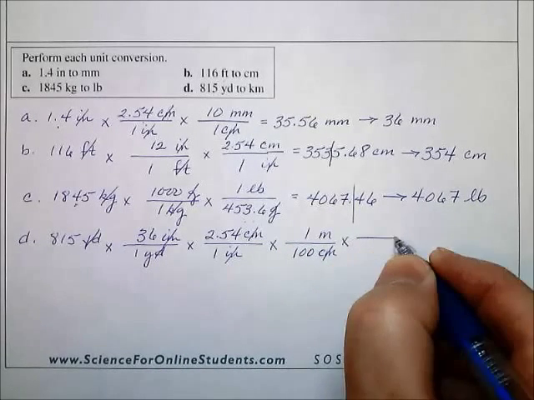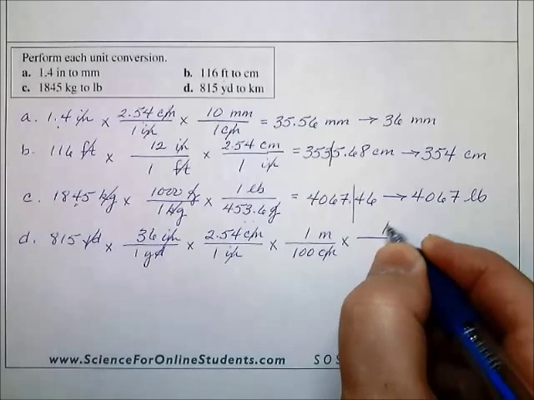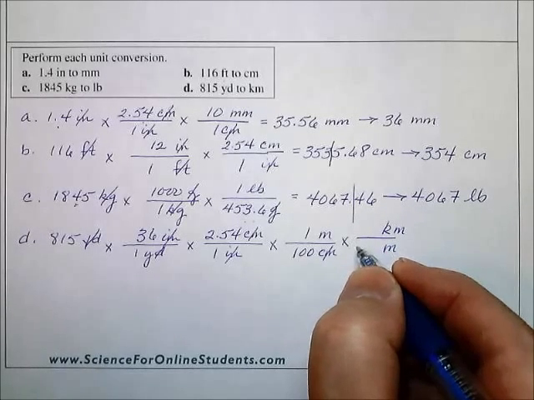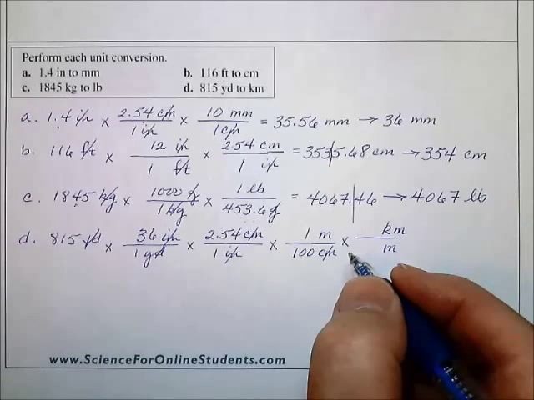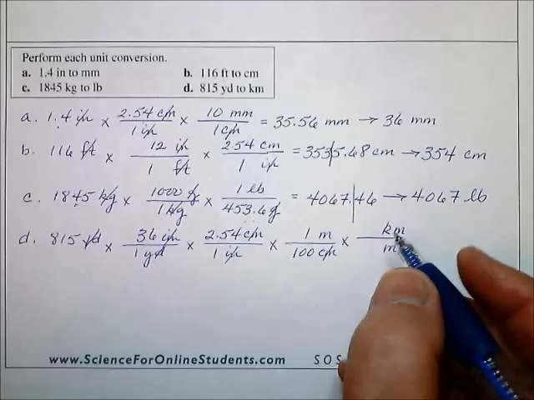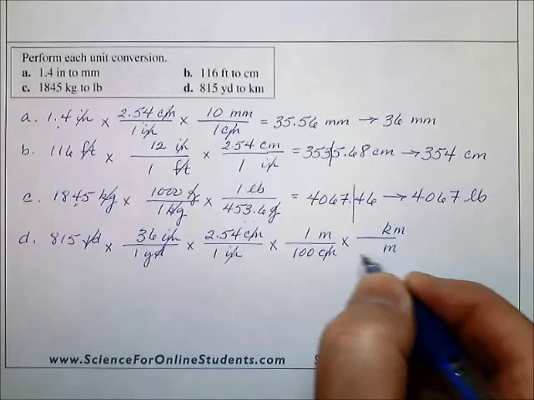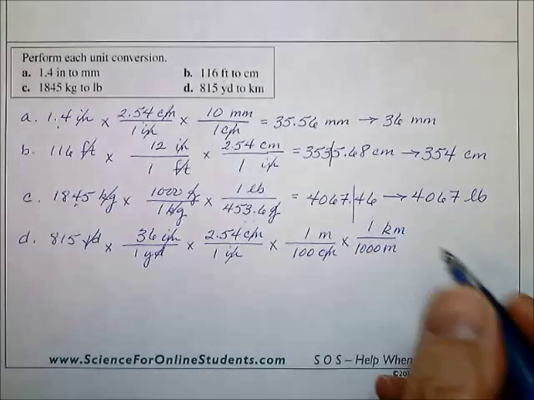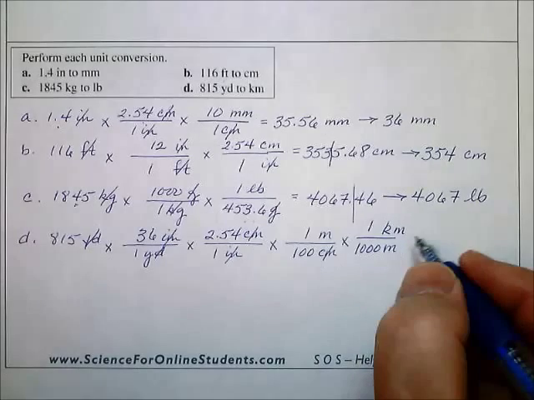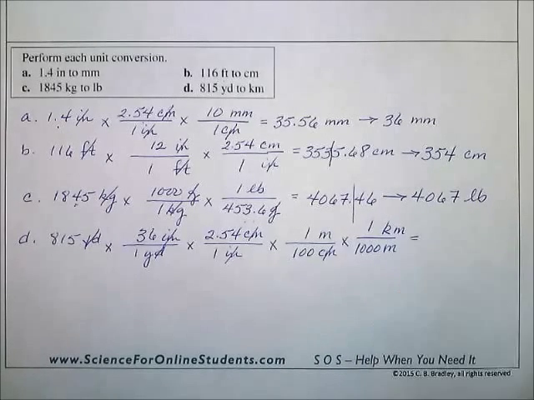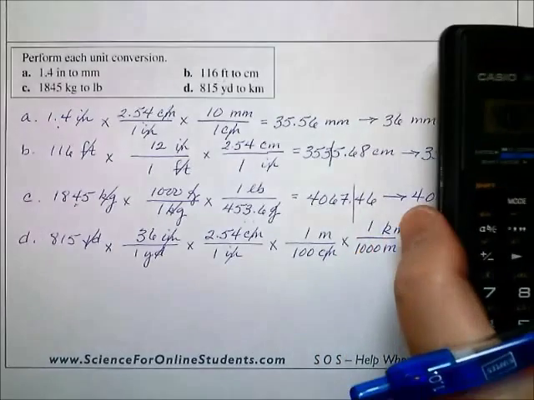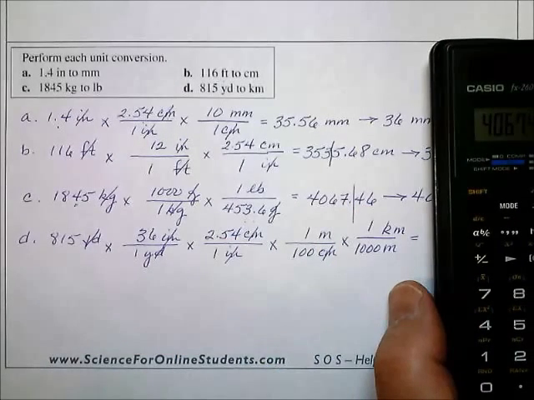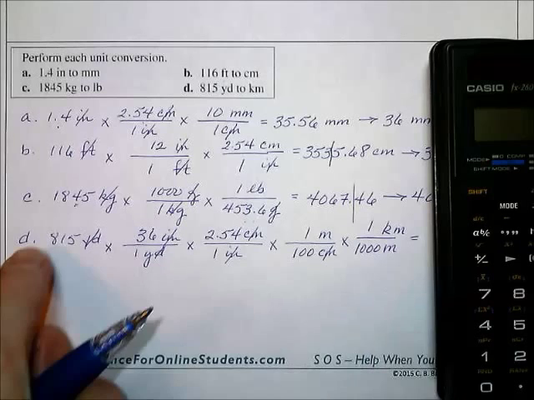And to go from meters to kilometers, kilo is 1,000. And remember, the smaller unit gets the bigger number. So the smaller unit gets 1,000. 1 kilometer is 1,000 meters.